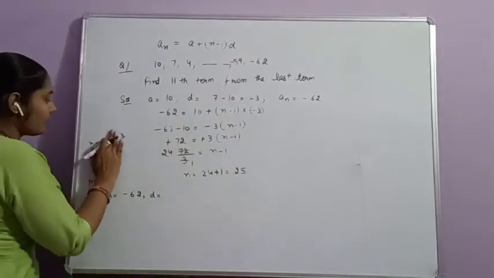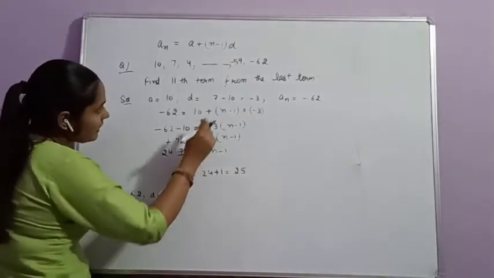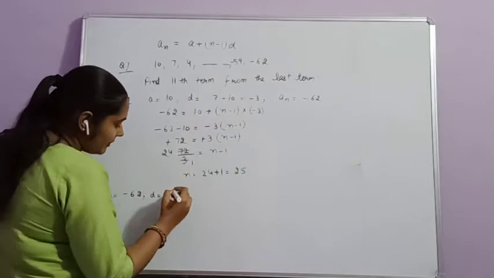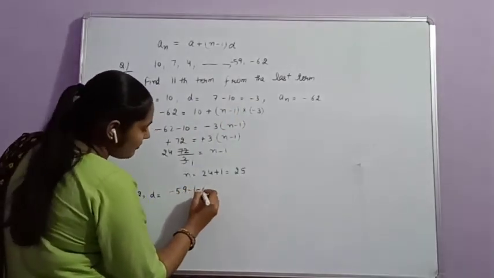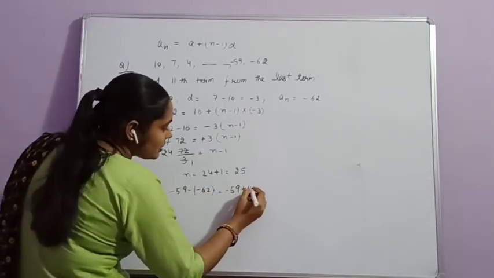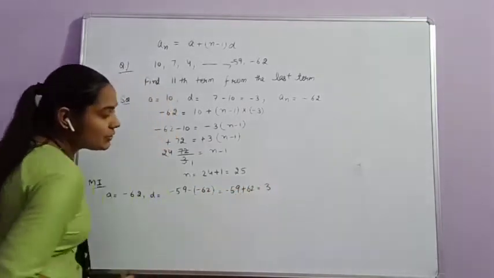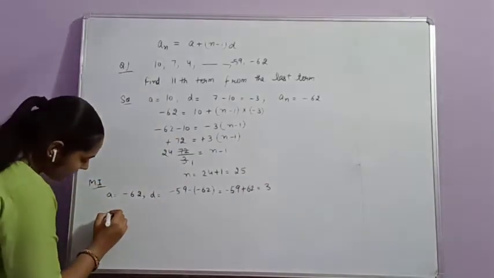Clear? Now d will be the second term minus the first term, that is minus 59 minus of minus 62, which is minus 59 plus 62, equal to 3. Clear? Now d will be 3 and we have to find the 11th term.